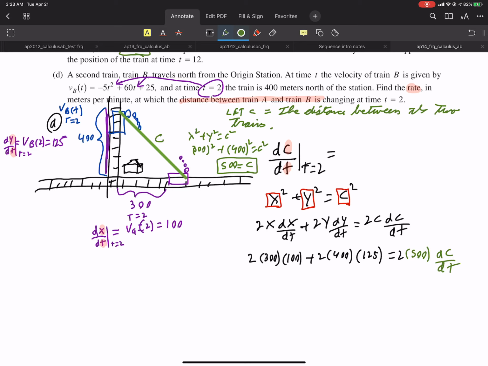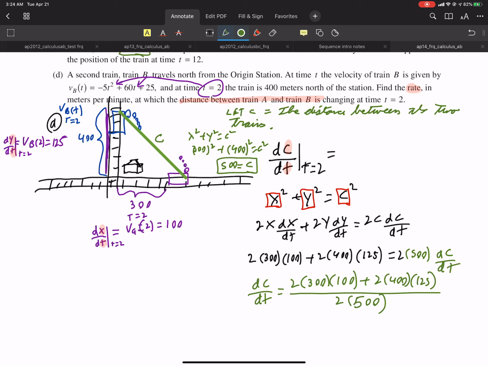dc/dt. My last step, I divide everything by that 2 times 500. So dc/dt equals, and again, don't simplify. Leave all of this ugliness as it is, especially because this is a non-calculator question. Bam. Hopefully all that's right.